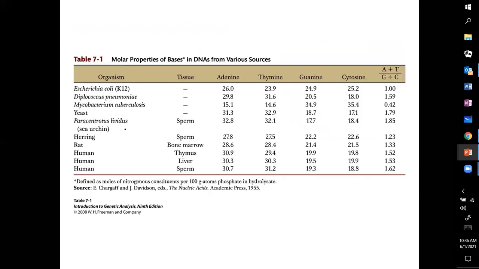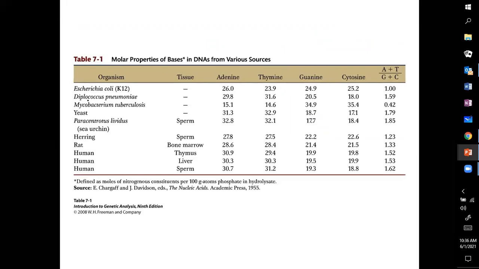And here's his experiment. Let's take a look at this. What Chargaff did was isolate tissue from different species, grind it up, do brute force organic extracts, and analyze the composition of each of the nucleotides inside those tissues.